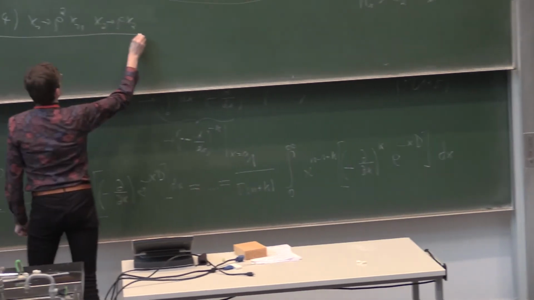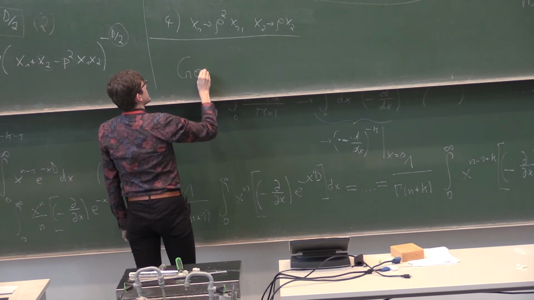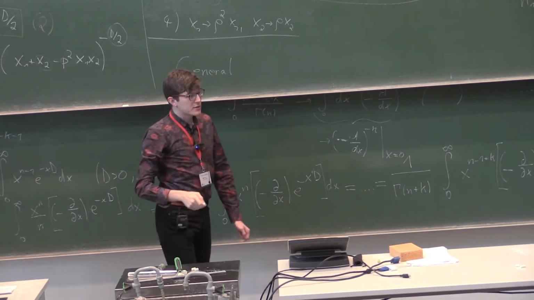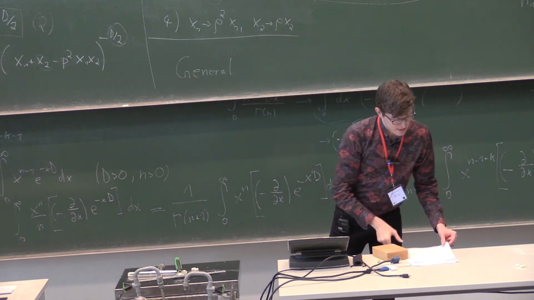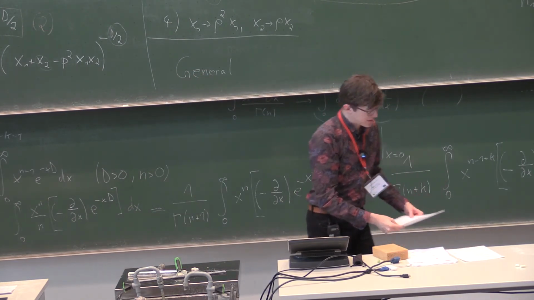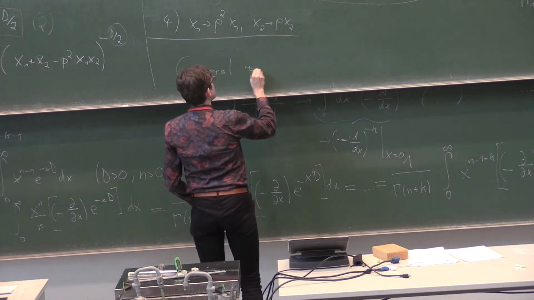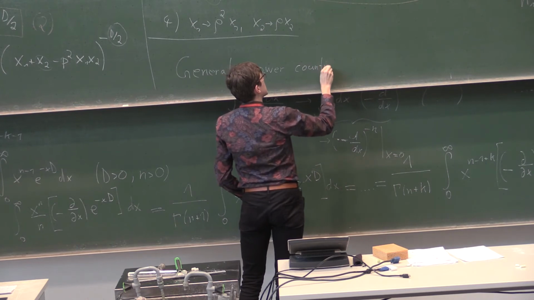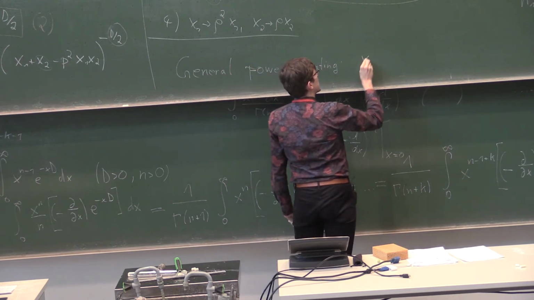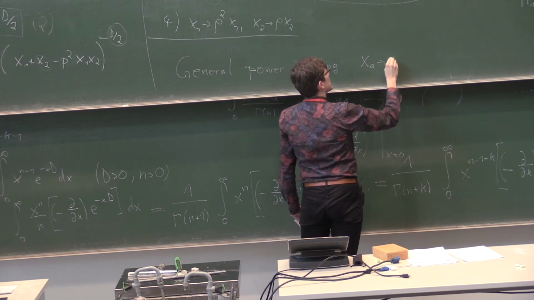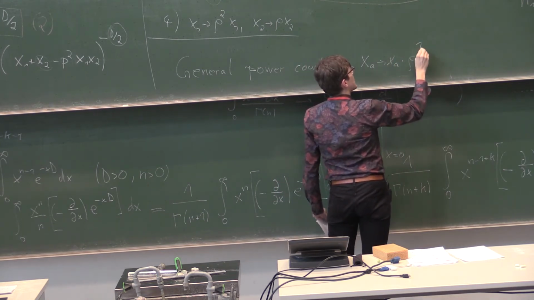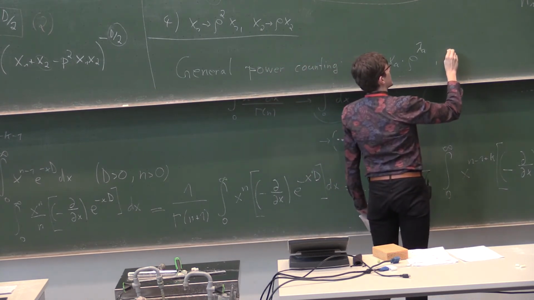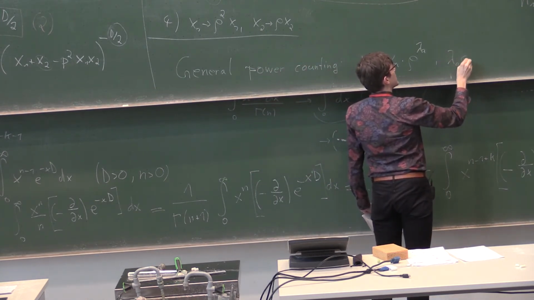So in general, general power counting. We send xa to xa times rho to some power, lambda a. And these lambdas are real numbers.